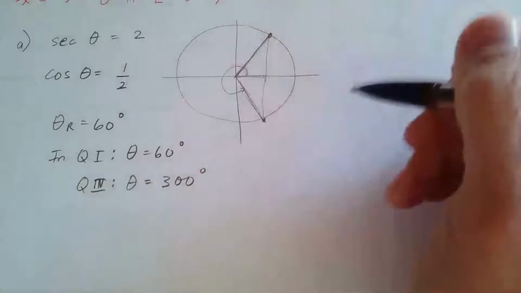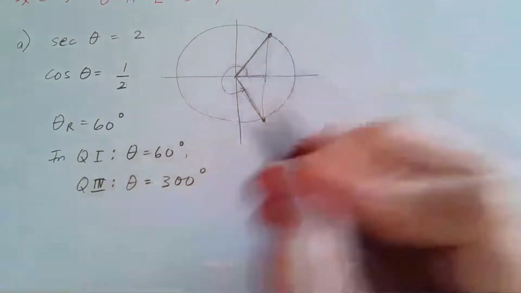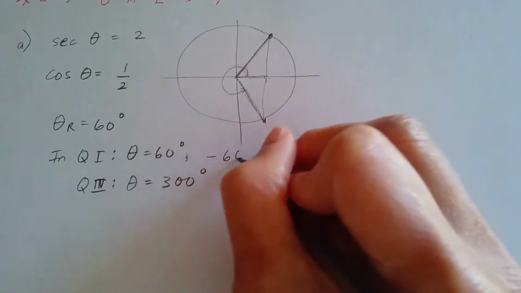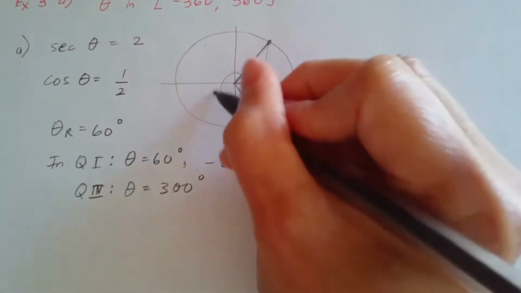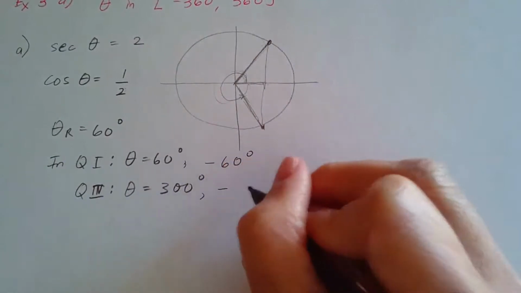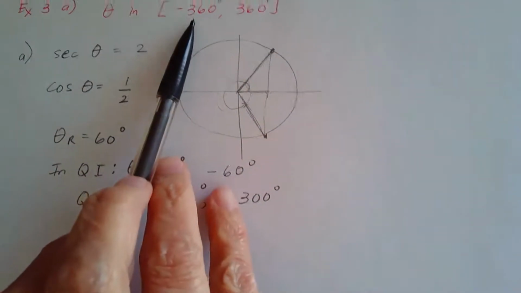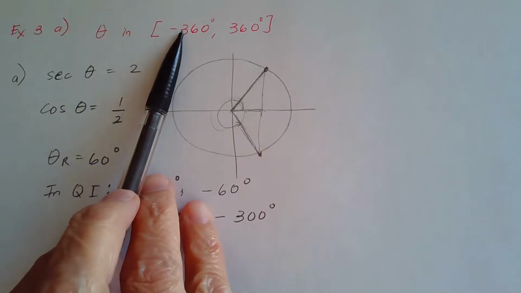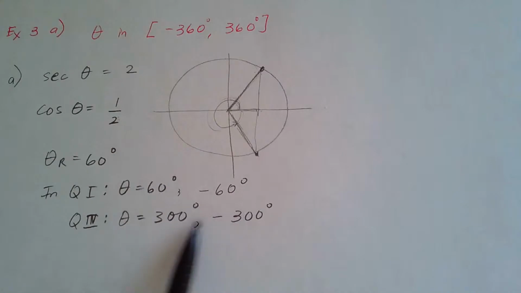What if it's a negative rotation? If we go this way, that's negative 60 degrees. And then if we go all the way around here, it's negative 300 degrees. So within this domain of negative 360 to positive 360, we have 4 solutions.